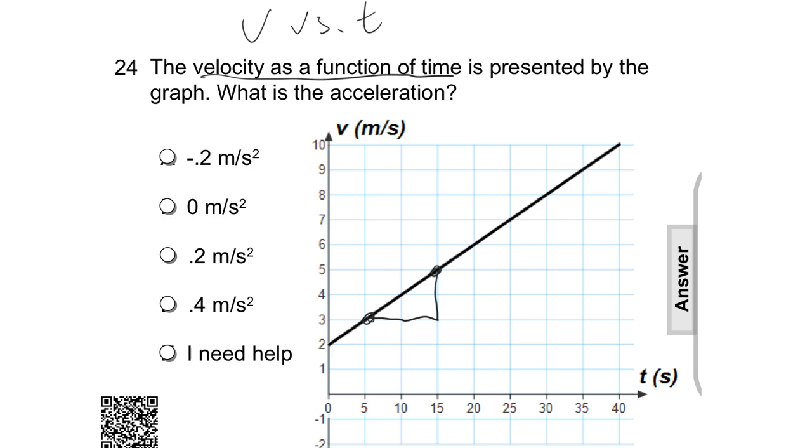So 5 minus 3, the rise is 2. Then the run is 5 to 15, which is 10. So this would be 2/10. It would be positive, because the slope is an uphill slope.